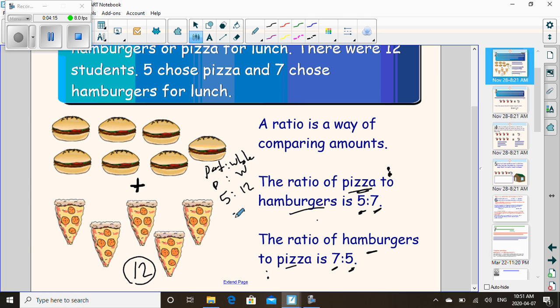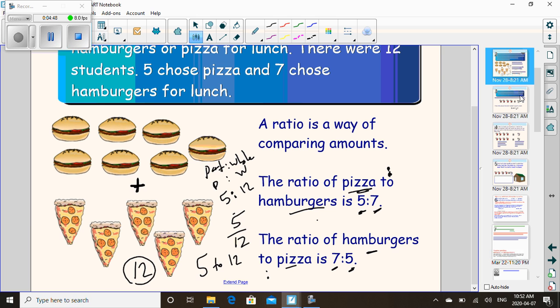So in this case it's 5 to 12, and by the way, you can write ratios like you write fractions, 5/12. I find it easier to do that because we're going to be dealing with equivalencies soon enough when we talk about proportion. It's a nice representation of the ratio, but it's up to you. You can write it with a colon, as a fraction, or with the word "to" in between, 5 to 12.